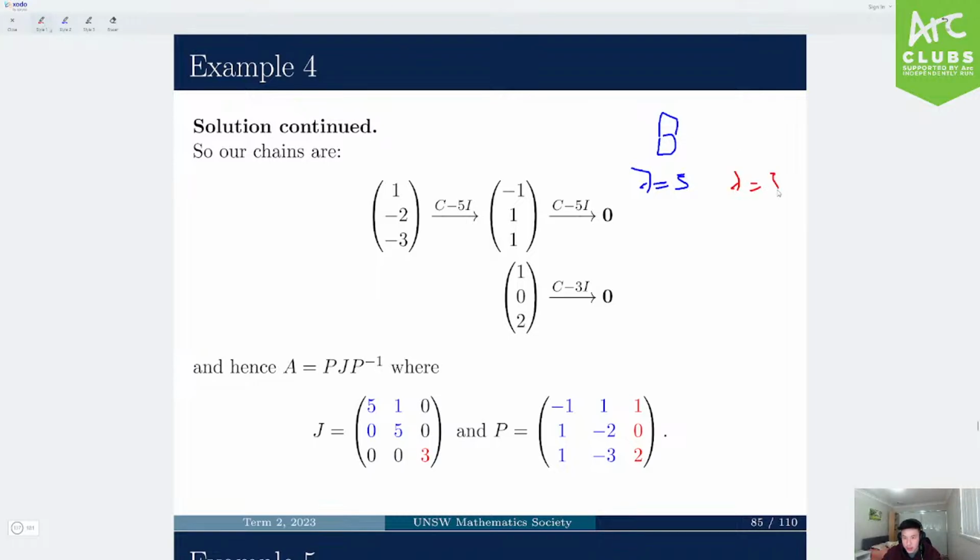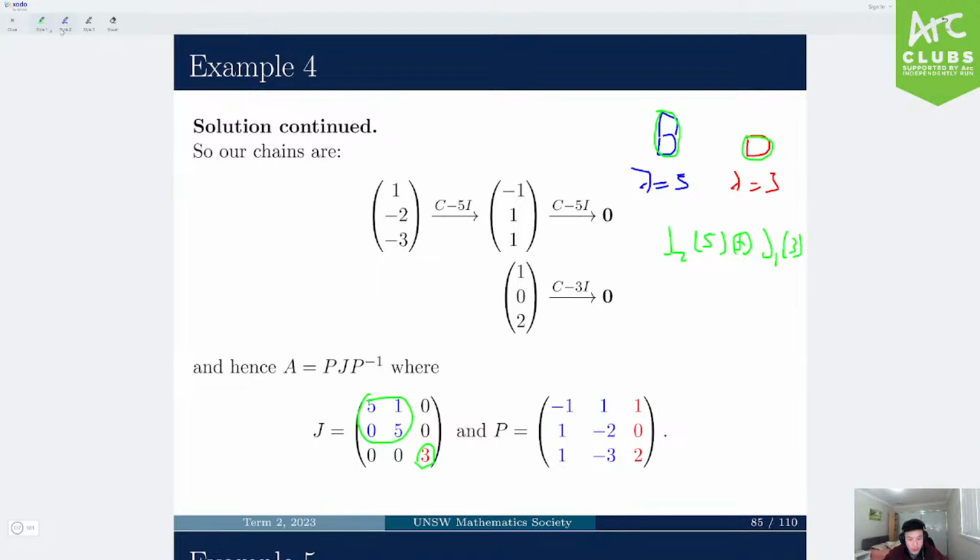So lambda is 3, we have this. Let's use green. And again, we're looking at the Jordan chain. So this is one chain, this is the second chain, and the first chain corresponds to this Jordan block here, J2 of 5, and we just direct sum it with J1 of 3, which is just going to be this thing here. Okay.